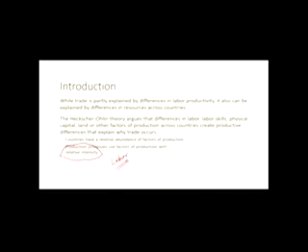Then the second assumption is that the amount of labor services and land varies across countries. It means labor and land will be in different quantities in different countries. They cannot be the same.